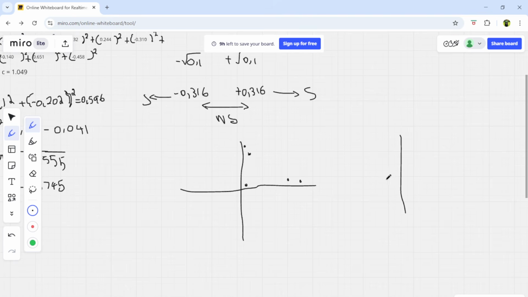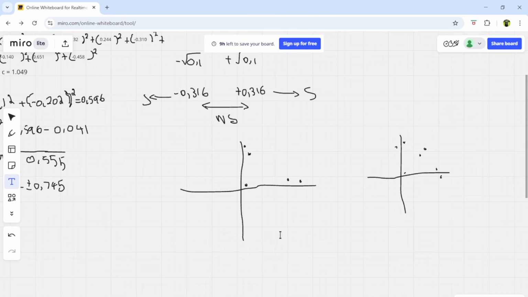And if maybe the graph looks something like this, and there are points closer to the origin, a point on the upper and lower axis, and then you find that maybe there are some points here, there are some points here, then in this case, rotation was not successful.